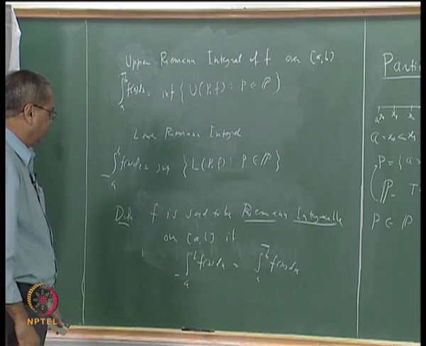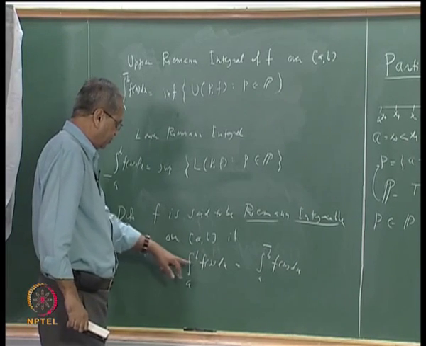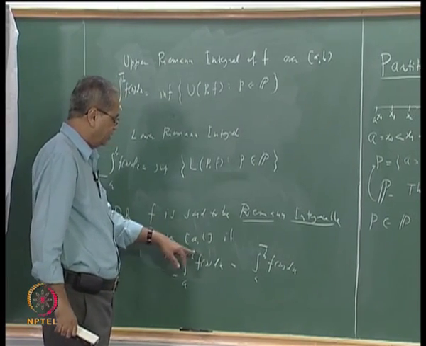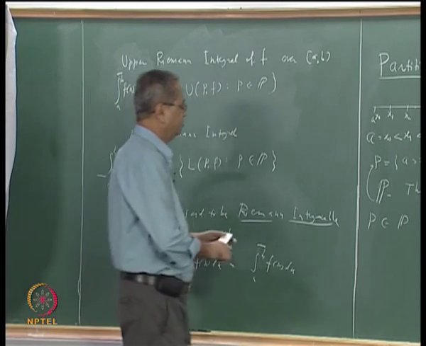And when this happens, that is when the upper and lower Riemann integrals coincide, whatever is the common value, that value is called the integral of f over the interval a to b, okay.